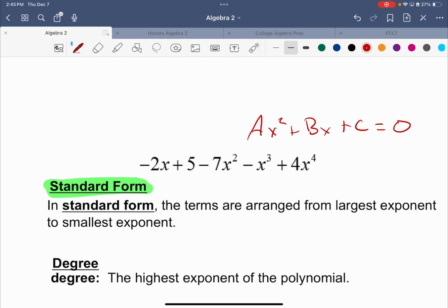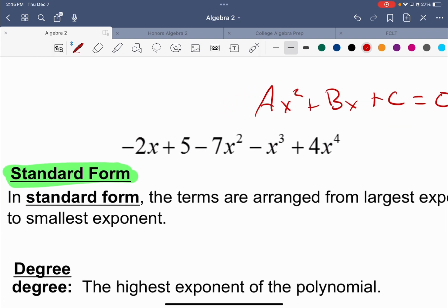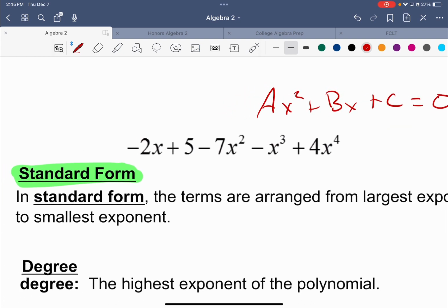And that's standard form. So if we take this negative 2x, and so on and so forth, if we put it in standard form, the first step is finding your largest exponent, which is x to the 4th, and putting that first. So standard form is going to be 4x to the 4th.